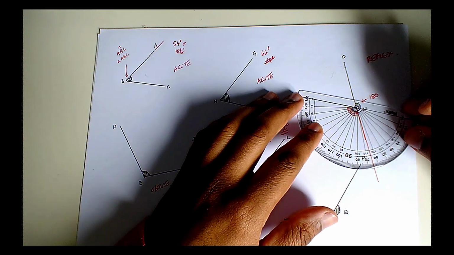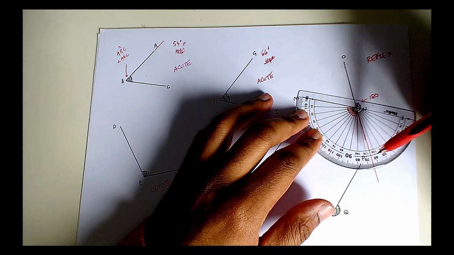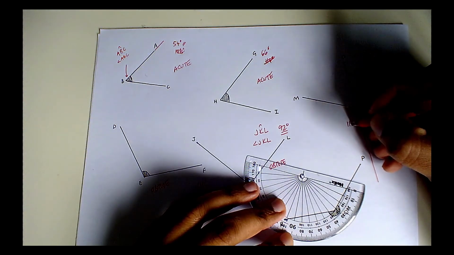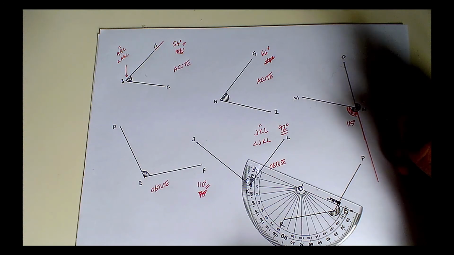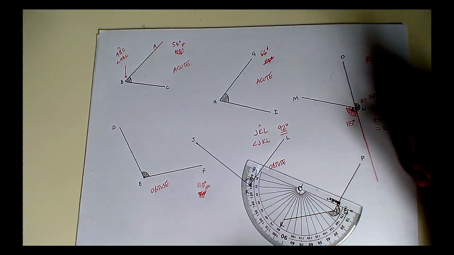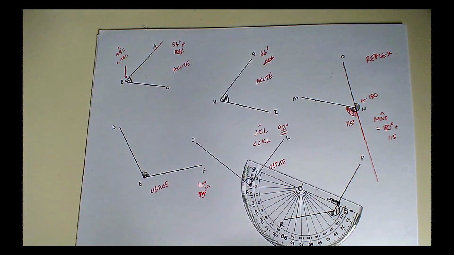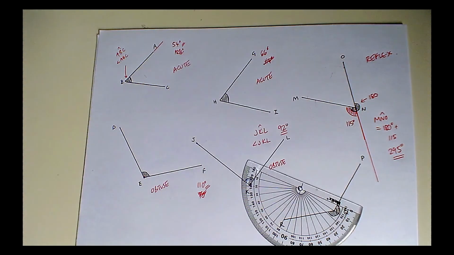Using the inside numbers, that works out to be 115 degrees. So my angle of MNO is going to be equal to 180 degrees plus 115 degrees, which adds up to 295 degrees as my final answer.